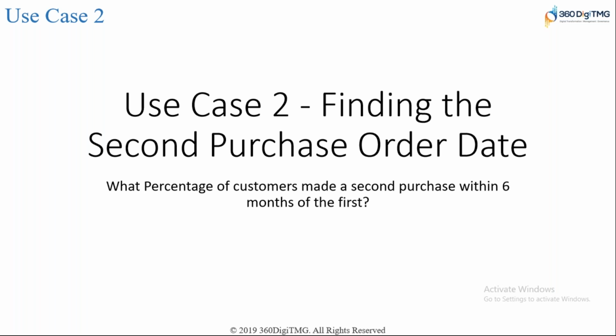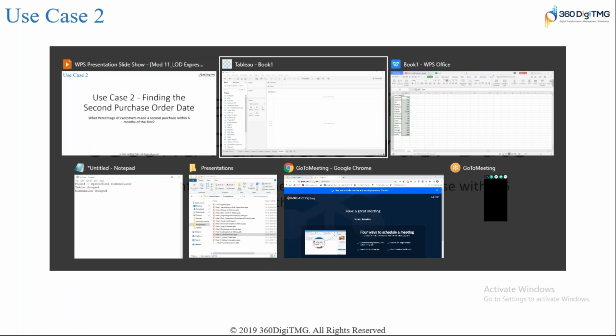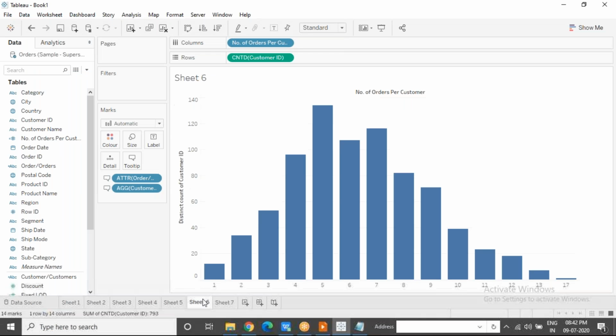Depending on the difference, we will put it into one of the buckets. People who have taken more than 6 months to make a second purchase, people who have taken less than 6 months, and people probably who never made a second purchase at all. That is also one scenario we have to consider. We cannot just assume that everybody will make a second purchase, because in the previous chart we realized that there are 12 customers who placed only one order, which means there are 12 customers who never made a second purchase with Superstore.